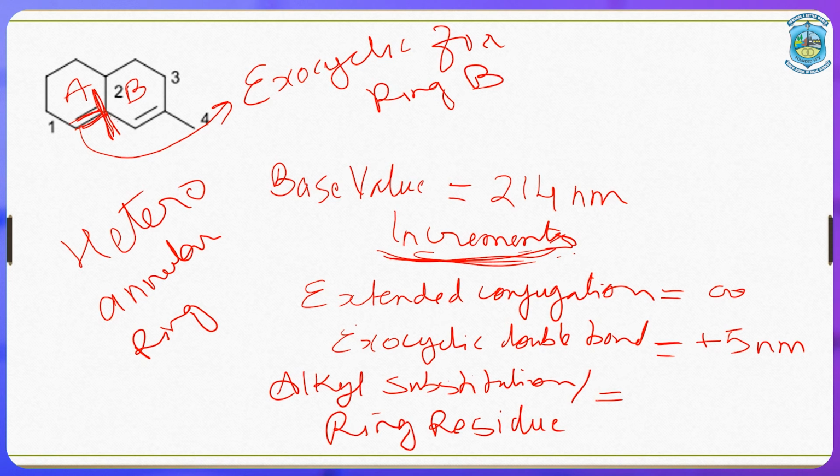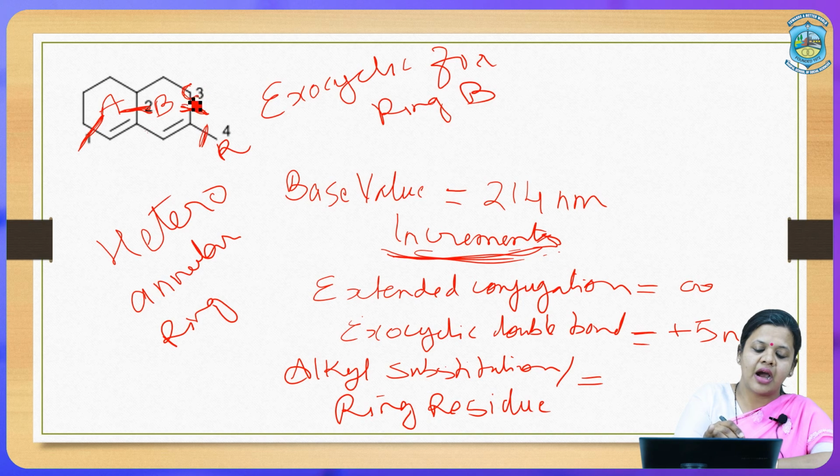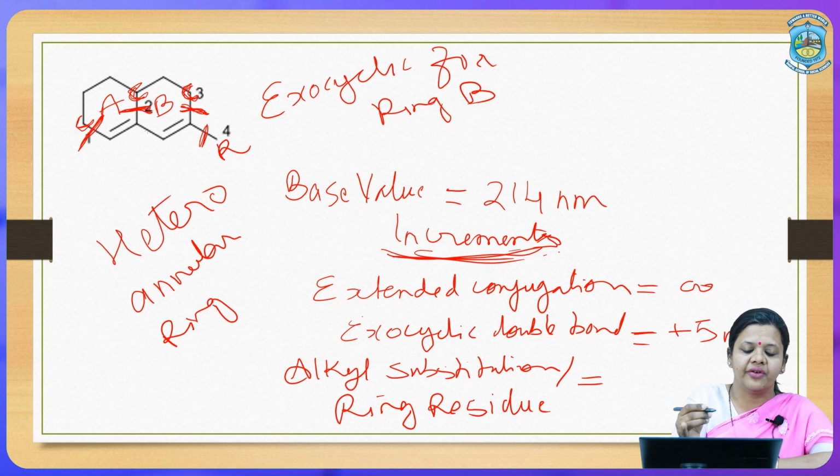We will only see in the place up till where our conjugation is going, not beyond that. I will rub these extra things so that we may understand. Our conjugation is moving from here. So, this part, here we break, we can break it over here, this and this. These 4 places where numbers are already mentioned, 1, 2, 3 and 4, are the 4 places where some alkyl group or carbon atoms are present at the terminus and are acting as ring residues.